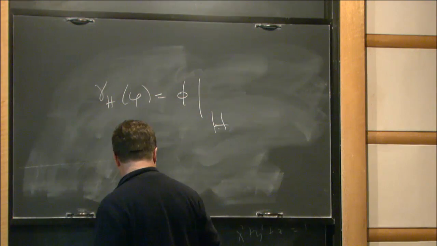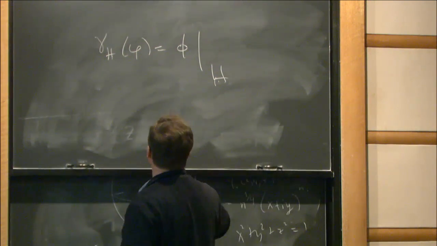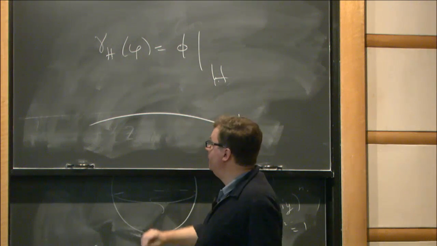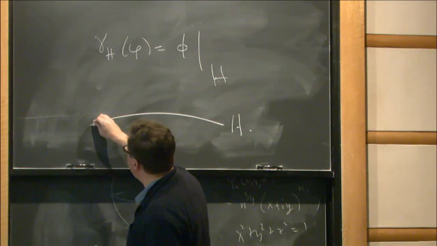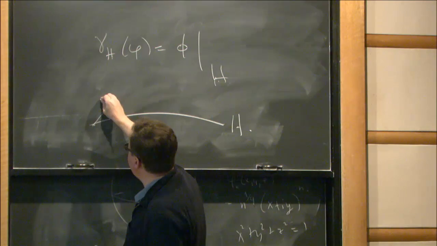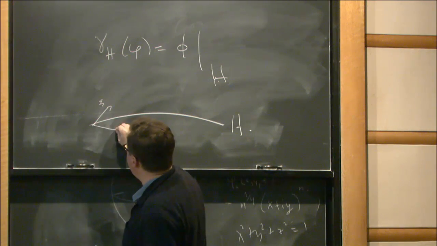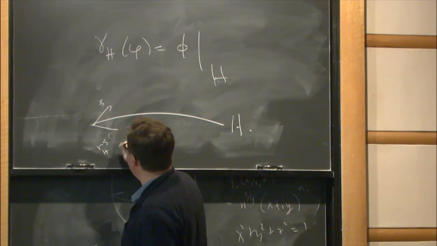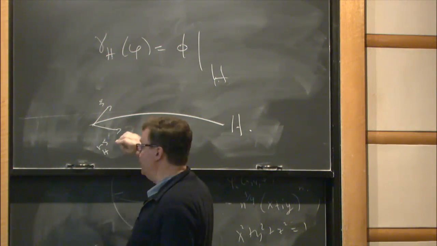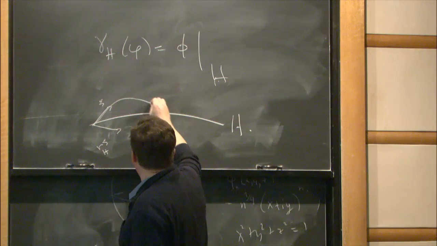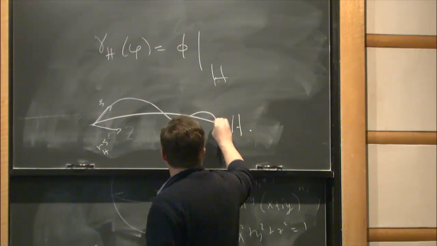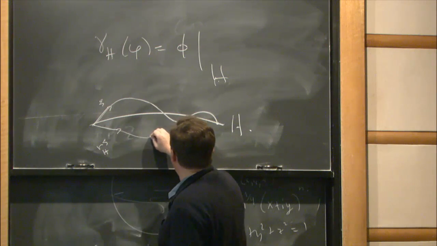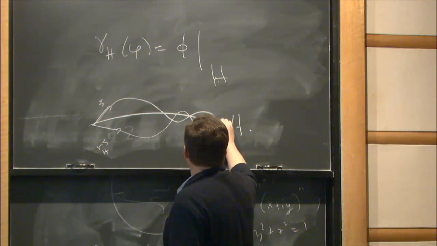So if you have a hypersurface, you consider directions like this, psi, and then you look at reflected directions, let's say R_H of psi, reflected in the hypersurface. So this comes, and after a certain time it hits the hypersurface, and at a certain time this comes and hits the hypersurface.